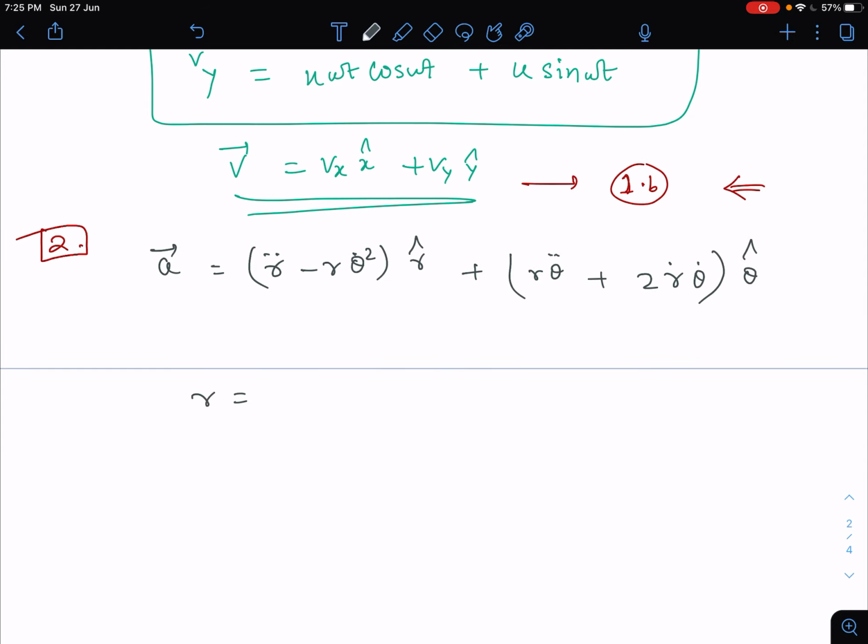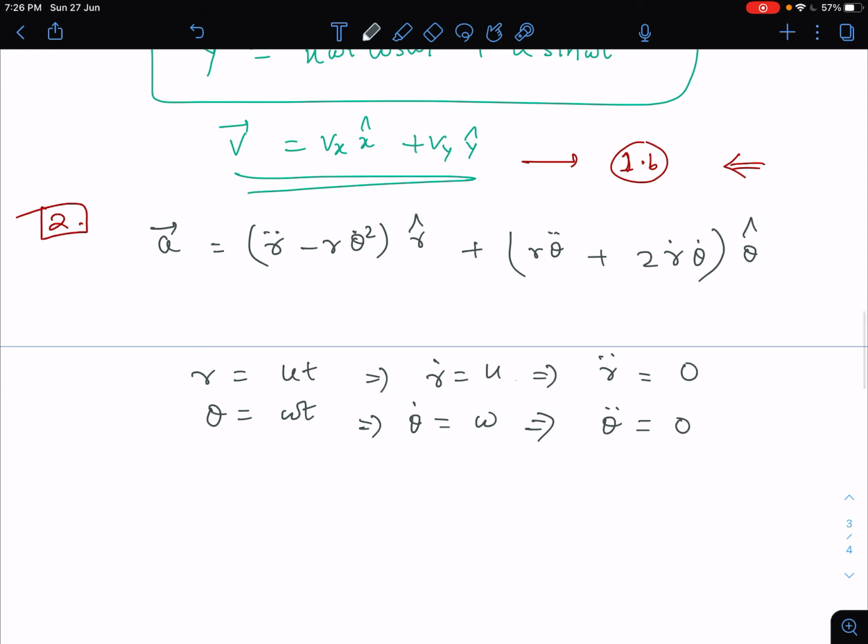But here r is ut and theta is omega t, and u and omega are constant. So r dot is u, theta dot is omega, and r double dot is definitely 0 since u is constant, and similarly theta double dot is also 0.